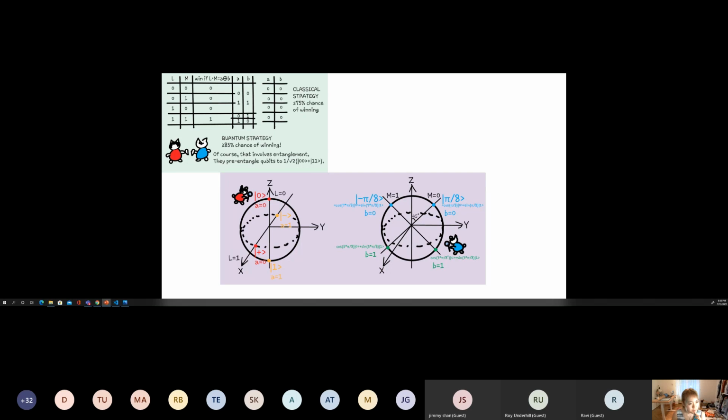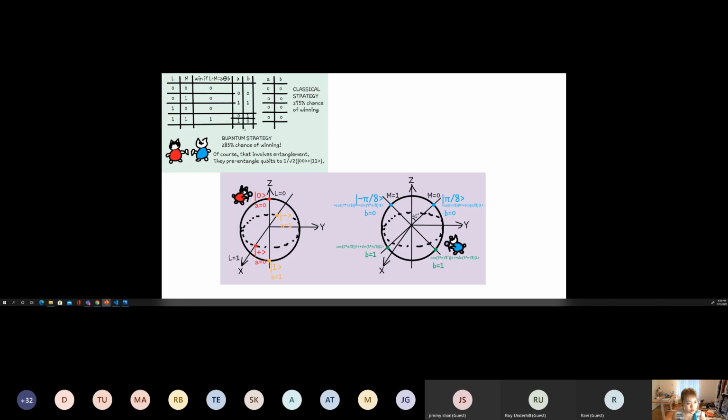I think I might have made a mistake in my talking here. Bob has to get a 1 out. So sorry, he has to go on this state. So it's actually sine of 3 times pi over 8, squared. That is 80%.